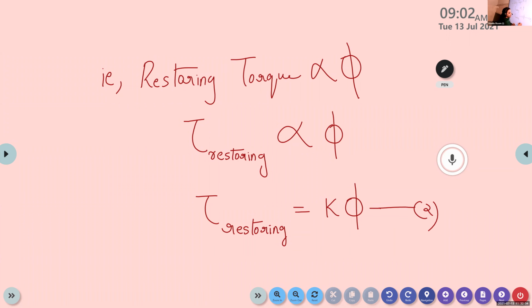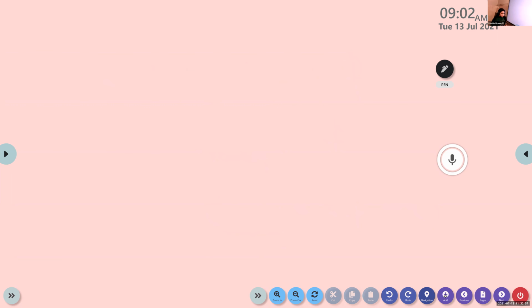This is our equation number 2. These two torques are balanced, or equal to each other. Only then can the moving coil galvanometer deflect correctly, or the pointer take the correct readings, if and only if these two torques are balanced to each other.